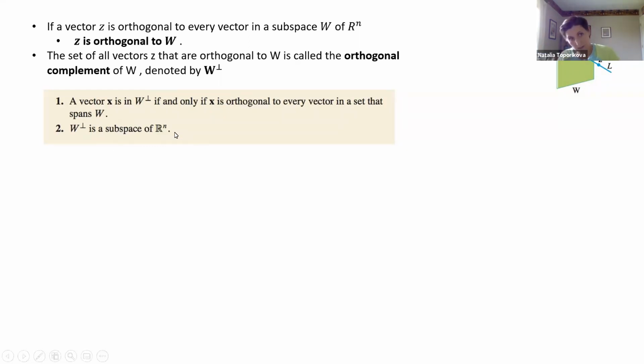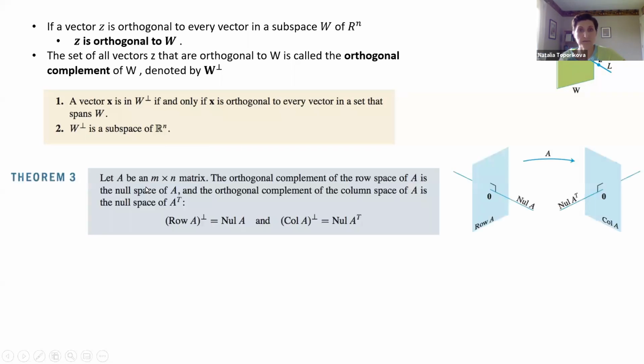So basically, we can always split our Rn into the subspace W and its orthogonal complement. This is a very important property which we will use extensively: dividing space into orthogonal components.